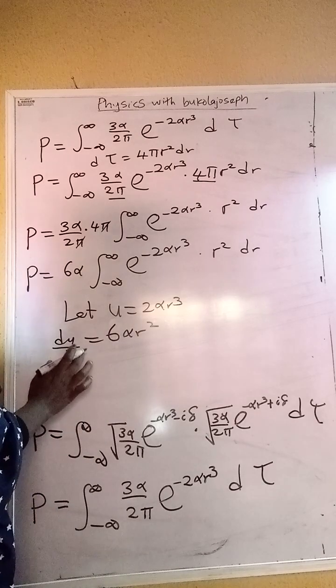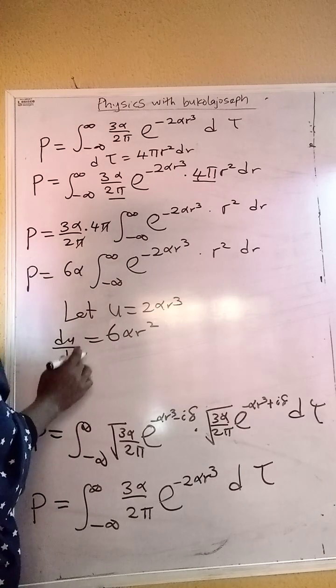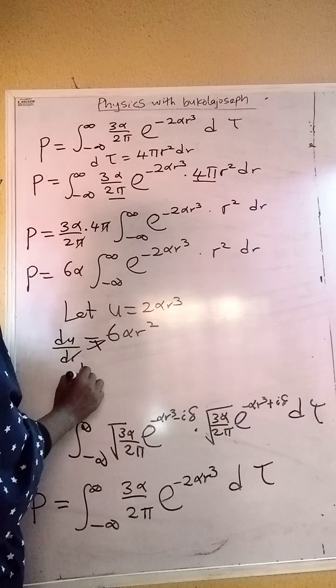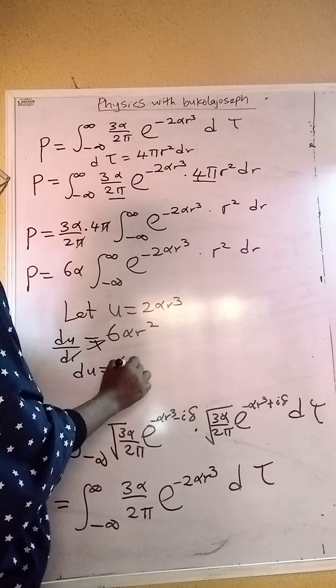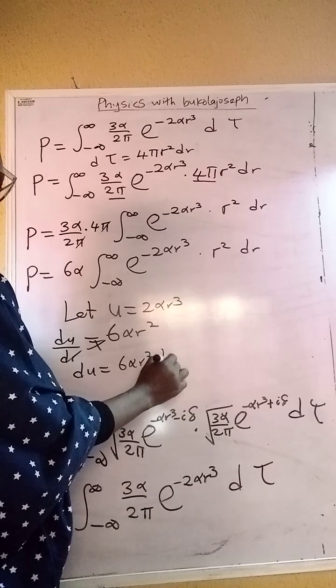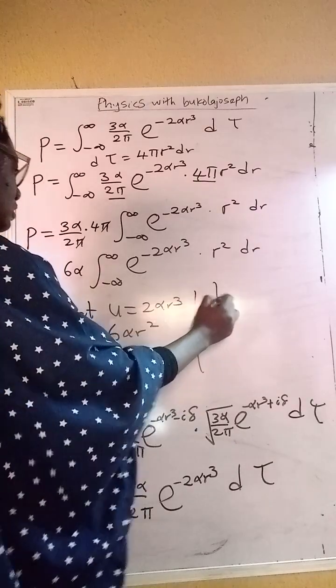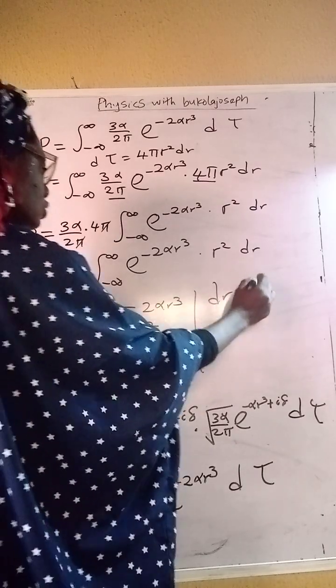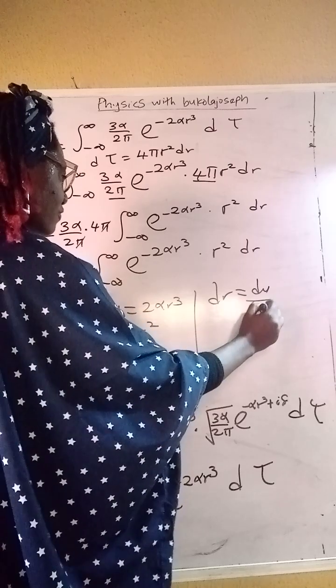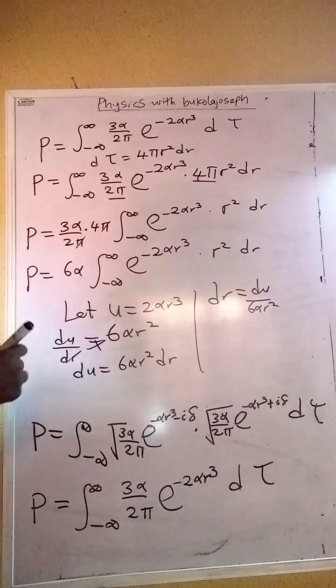If we want to make dr the subject of the formula, we cross multiply: du is equal to 6 alpha r squared dr. So dr will be equal to du all over 6 alpha r squared. So this is dr.